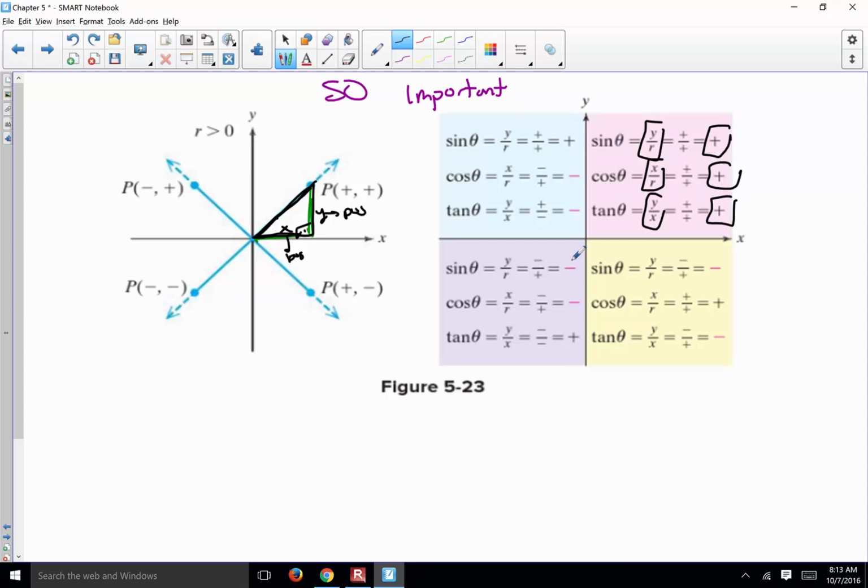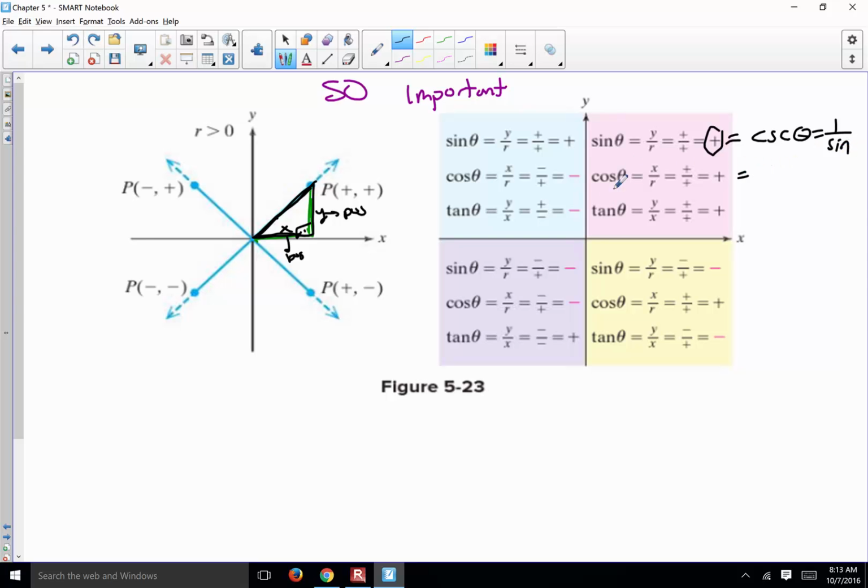Wait a minute. Don't we have 6 trig functions here? I only see 3. Where are the others? Sine has the same sign as cosecant. Why? Because cosecant is 1 over sine, isn't it? So if sine is a positive number, cosecant will be positive as well.